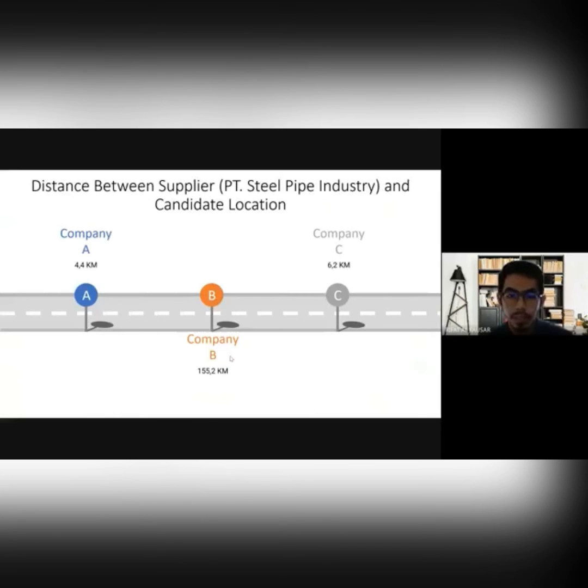So first, company A is in Bandung, company B is in Jakarta, and company C is in Cimahi. Yes, our candidates. So from PT Steel Pipe Industry to company A is 4.4 kilometers, to company B is 155 kilometers, and company C is 6.2 kilometers.